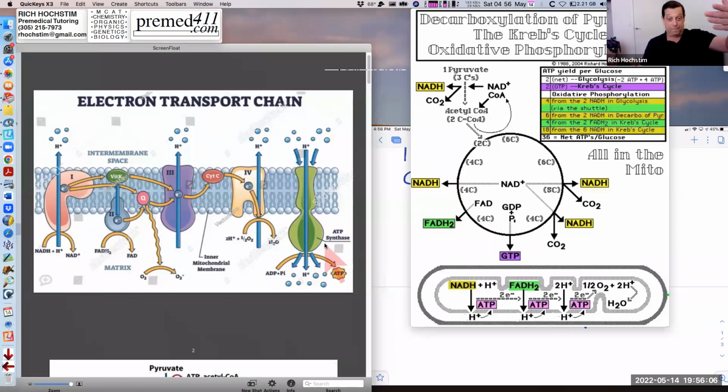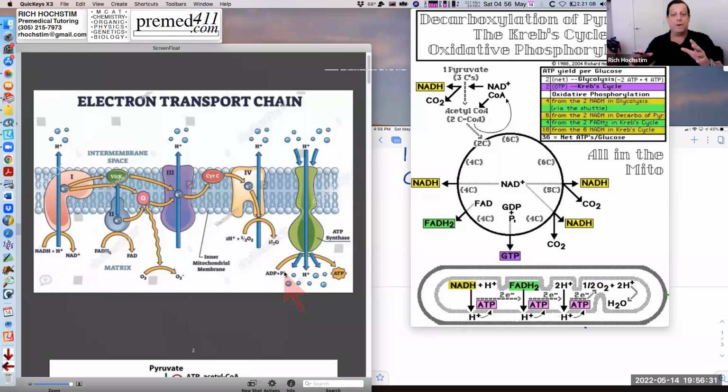So that's what's occurring here. They use that energy to pump them out. When they pump them out, they go back in through a transmembrane protein called ATP synthase, which generates ATP from ADP and phosphate.